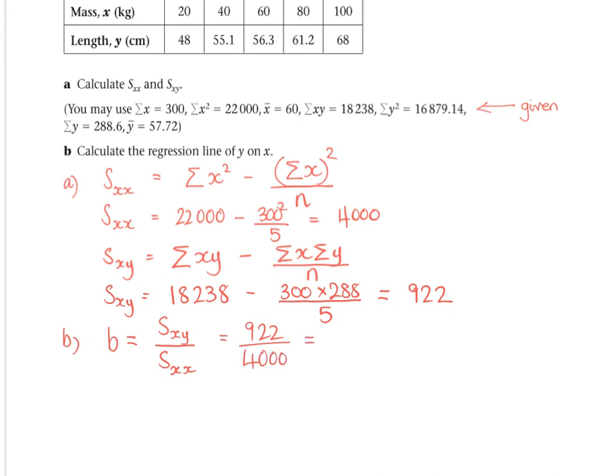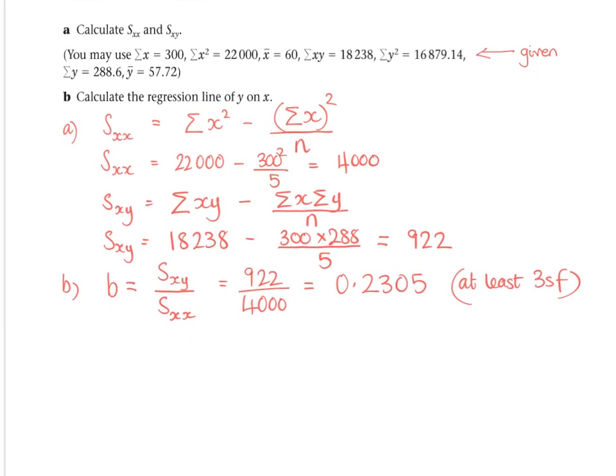Now if you write the full display of your calculator and then round it, we always look for at least 3 significant figures. It might not feel exact enough, and when we've written the equation of a straight line, it's usually just whole numbers or fractions at the very most, but in statistics we use numbers to 3 significant figures.